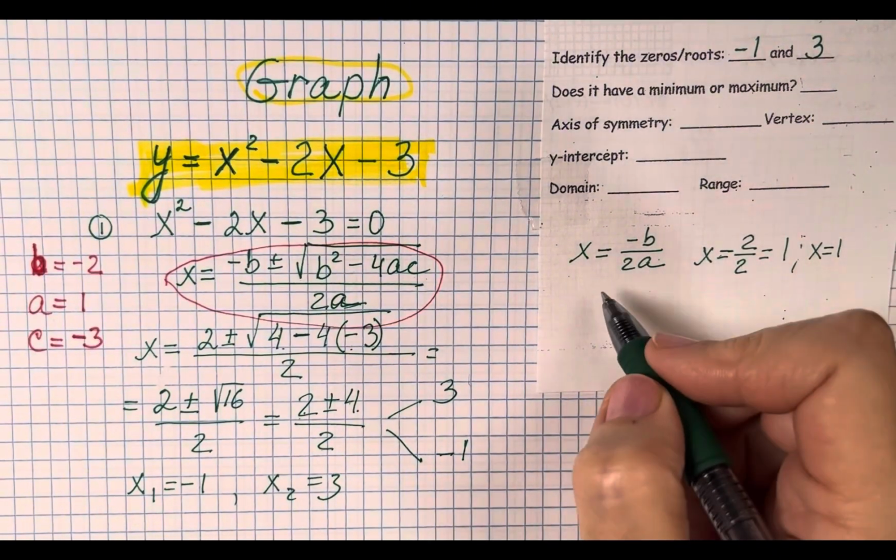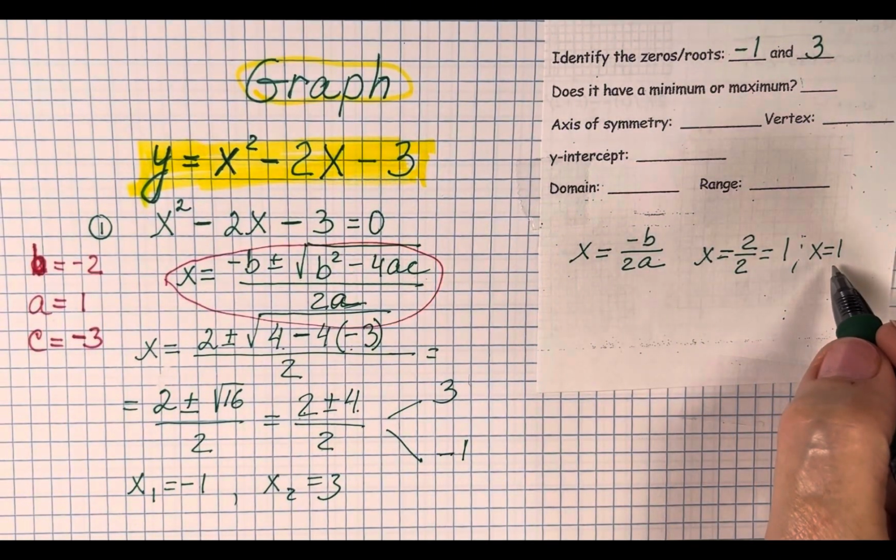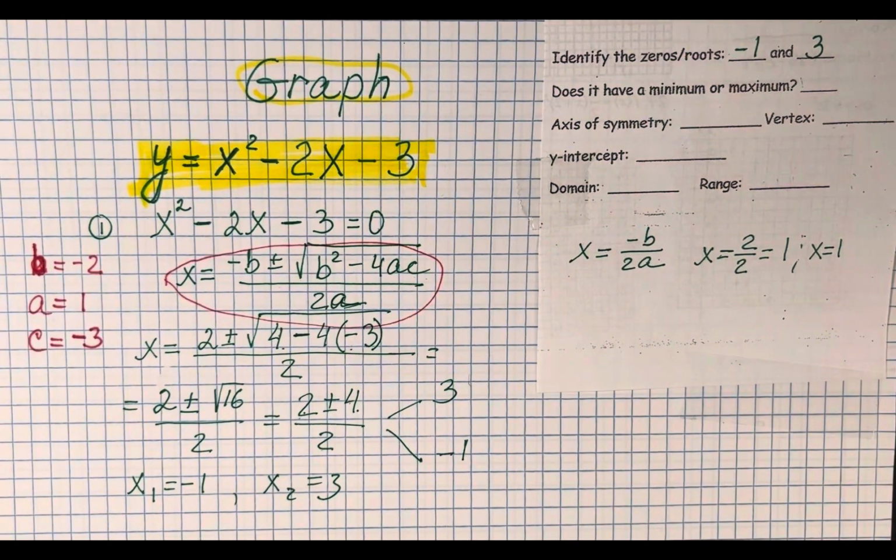Vertex. To find the vertex, for the x coordinate we already know, x equals 1.